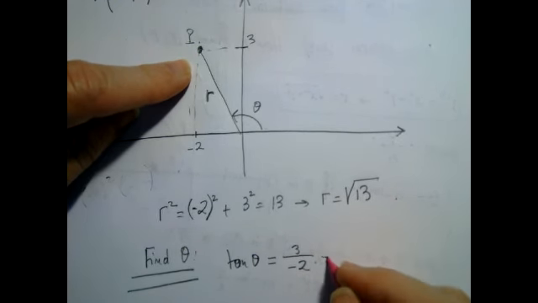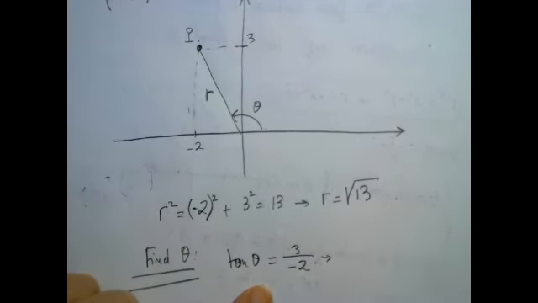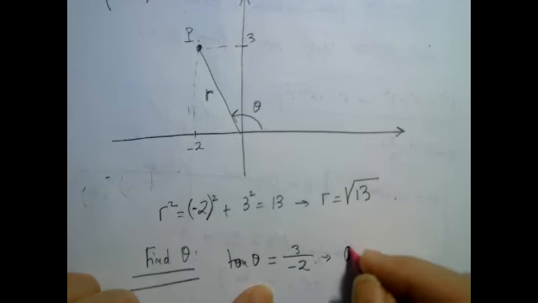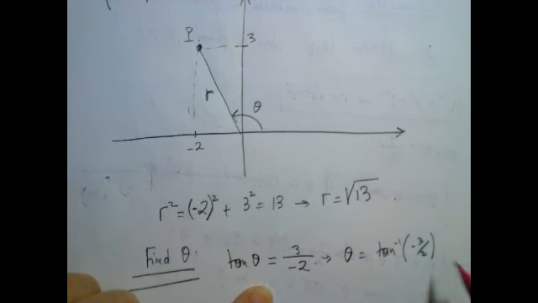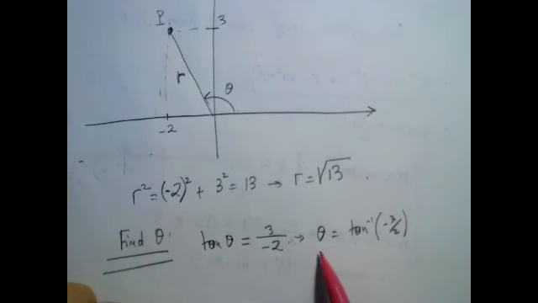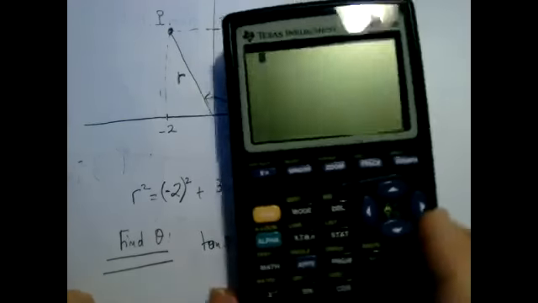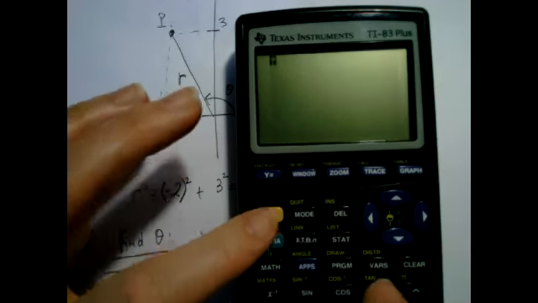Very good. So what's going to be theta? And I'm not going to write it theta because it's going to be problematic. Suppose I take the tangent inverse of -3/2. If I plug it into my calculator, what am I going to get?